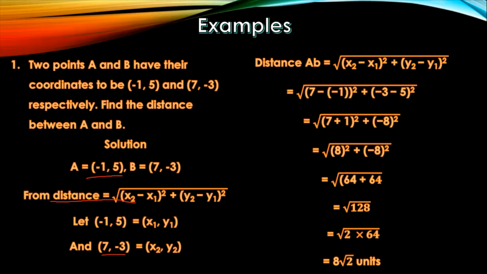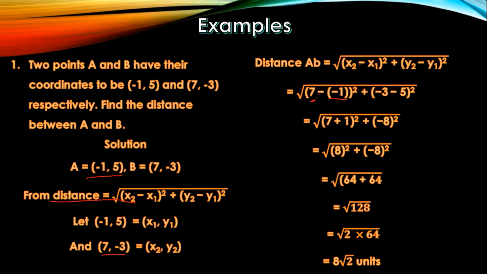So we just put the values of x and y into this formula. Our x2 is 7, that's why we have 7 here. Our x1 is -1, so we put it in brackets to differentiate it.